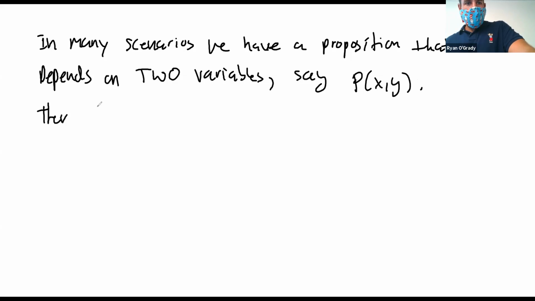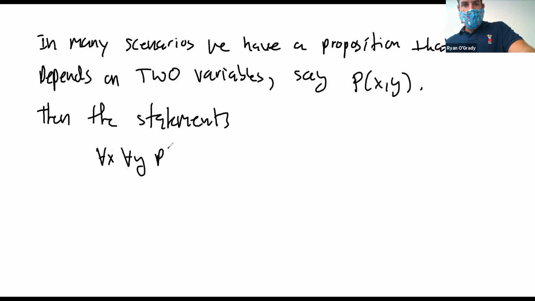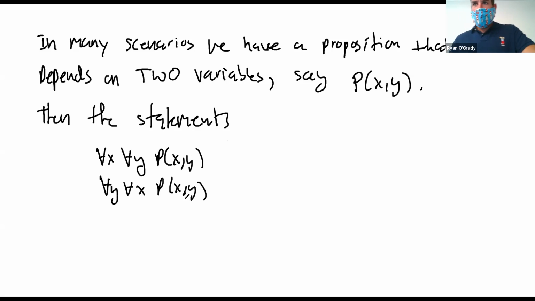Then the statements, for example, you might have for all X and for all Y, P of X, Y, or if you switch it, for all Y and for all X, P of X, Y. How many statements are we going to have? If we have two different variables and two of these quantifiers, we have to run through all the different scenarios.